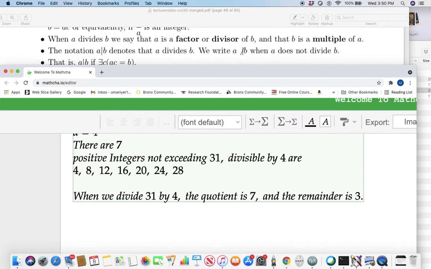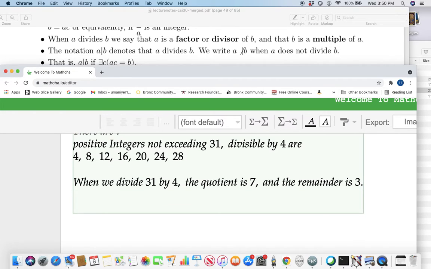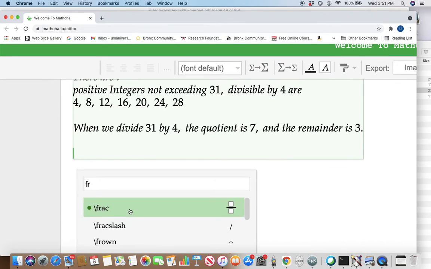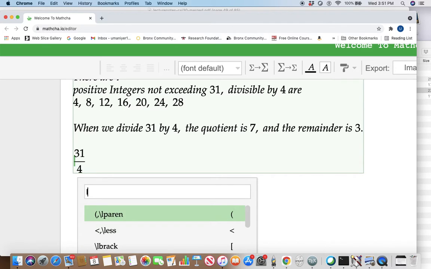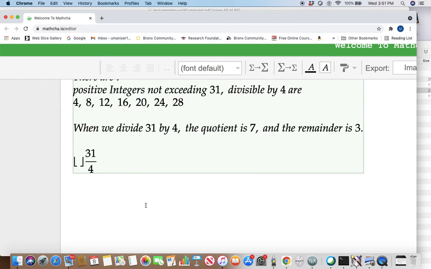In other words, you divide 31 by 4, right? You take the fraction 31 over 4. If you actually divide it, you will get 7 point something. So you are going to take the floor of 31 over 4. And that is 7.